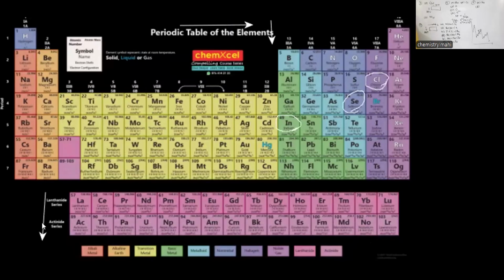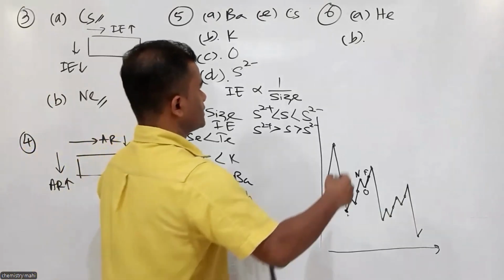Top to bottom, size increases. Then the smallest one should be rightmost, because left to right decreases, and the rightmost top one should be the smallest. So what is the rightmost top one? Chlorine. Chlorine should be the smallest one in this case.